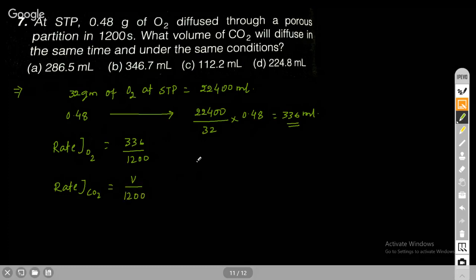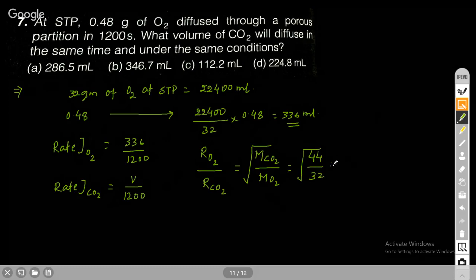So we can write rate of O2 divided by rate of CO2 is equal to root under molar mass of CO2 divided by molar mass of O2, which is 44 by 32 under root.